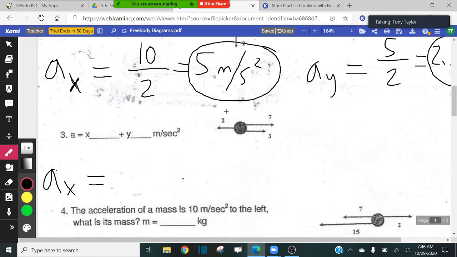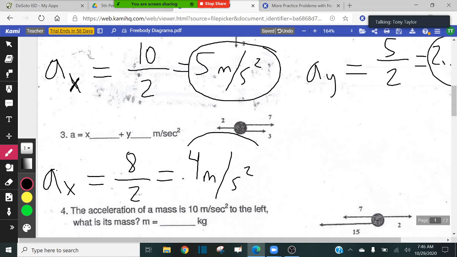When I combine all those forces in the horizontal direction, what I get is a positive 8, right? Because 7 plus 3 is 10, minus 2 is 8. So the sum of my forces divided by my mass. My mass is 2 kilograms. So I see that my acceleration in the x direction is 4 meters per second squared.